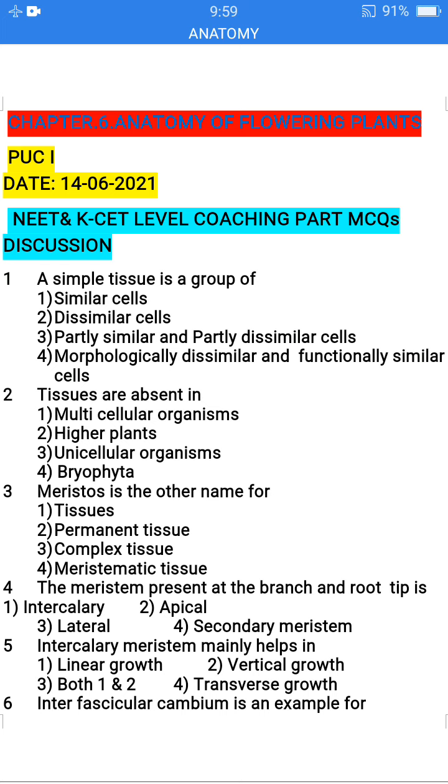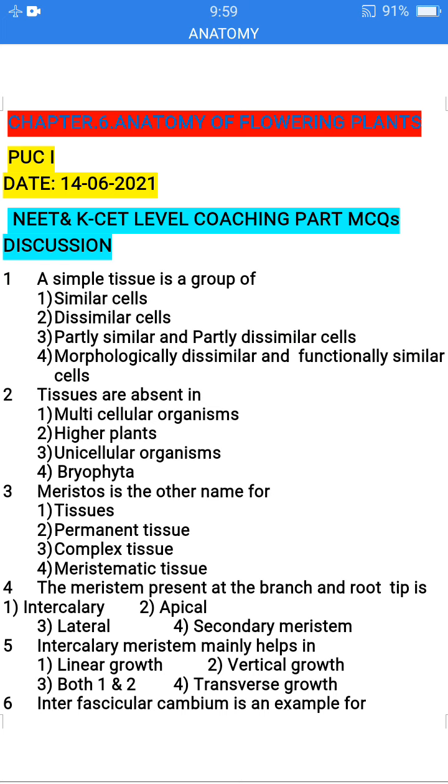The tissue present in that zone is called meristematic tissue. Understand? So meristose is the other name for meristematic tissues. Hope you understood the explanation. We already discussed this part in our regular offline class.